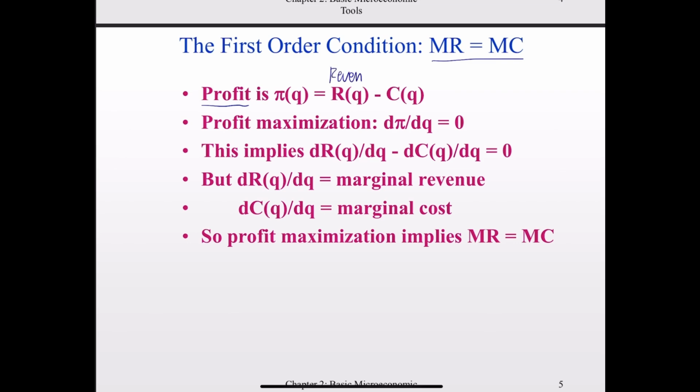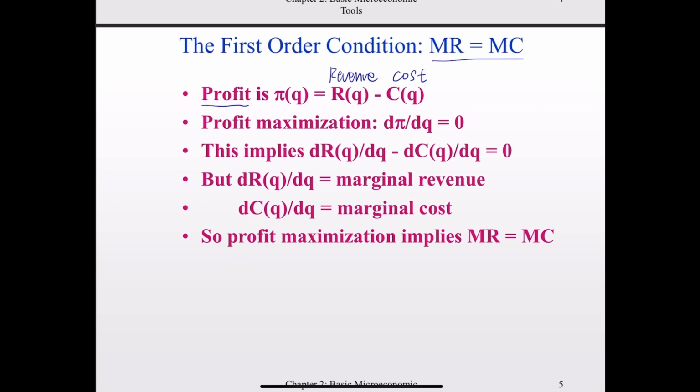In mathematical notation, we write this as pi of Q equals R of Q minus C of Q. Here Q represents quantity, R represents revenue, and C represents cost. Both revenue and cost are functions of quantity, right?